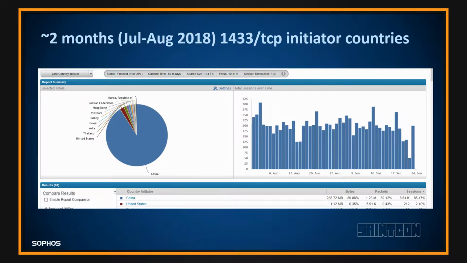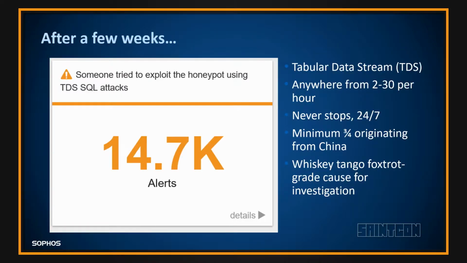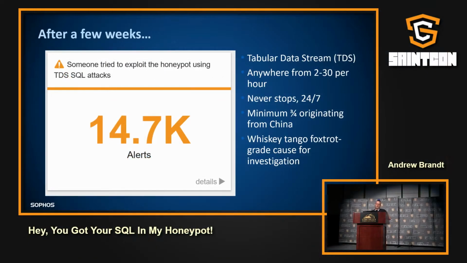A few weeks after I started to notice this, I wrote a rule called "someone tried to exploit the honeypot using TDS SQL attacks" and started to keep track of it. Within 2 weeks of creating this rule, there have been 14,000 attacks. It was coming in at 2 to 30 per hour.